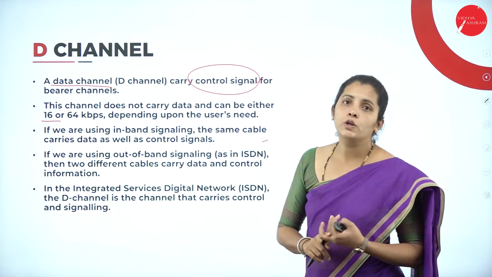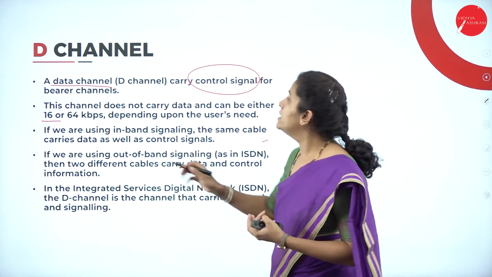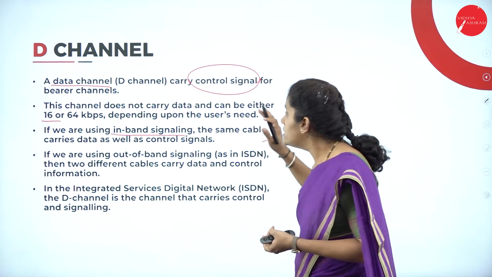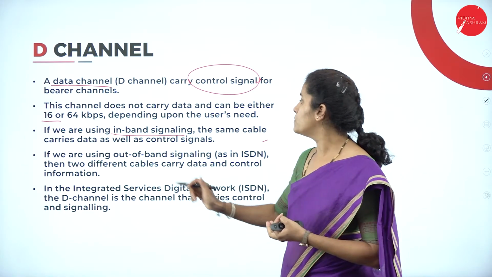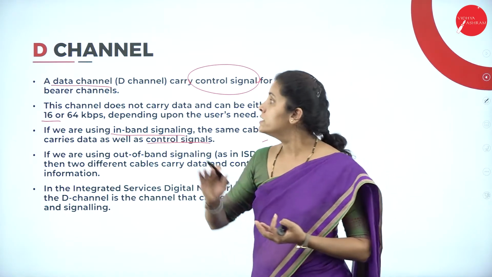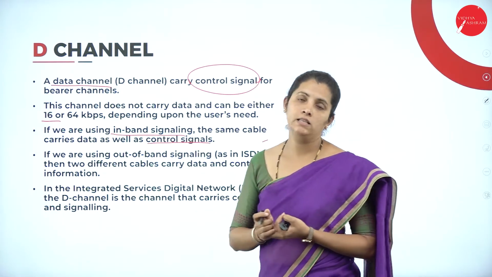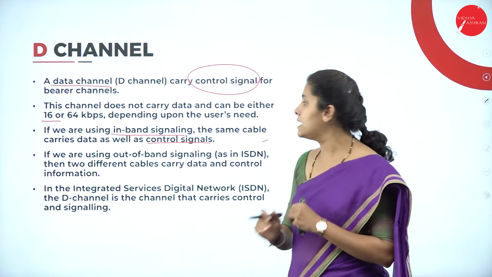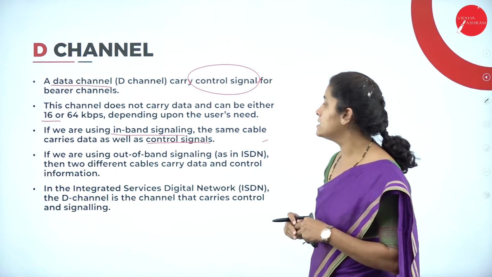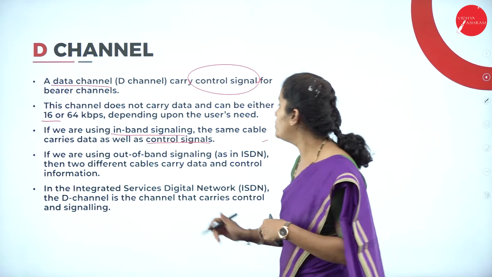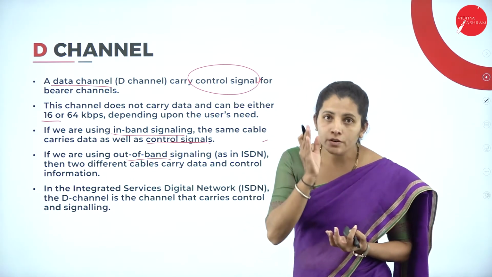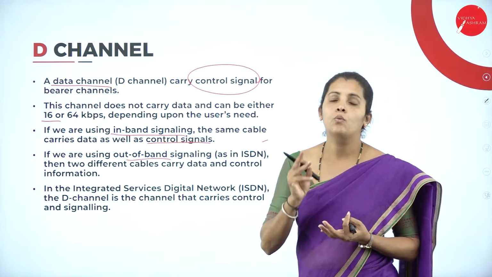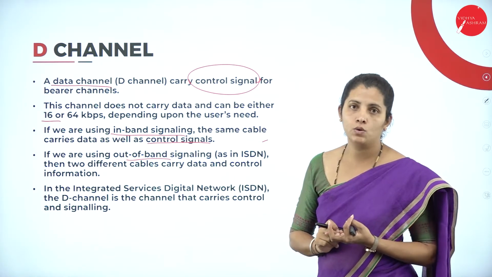If we are using in-band in the D channel, the same cable carries data as well as control signals. Whereas if we are using out-of-band signaling, then we are going to have two cables, one for data and one for control signals.